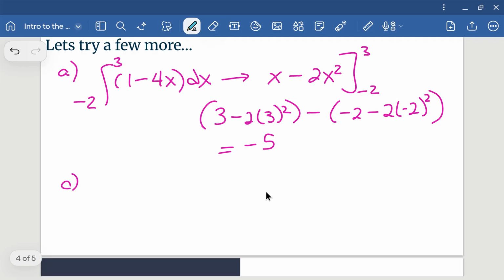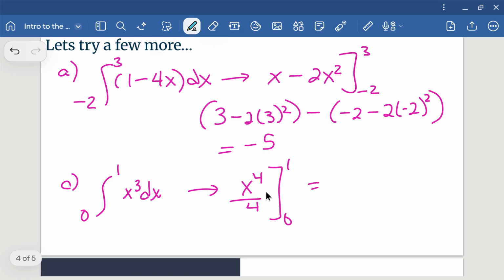These are from your Intro to Calculus textbook, page 500. This one goes from 0 to 1 of x cubed dx. Taking that antiderivative, you would have x to the power of 4 divided by 4, again going from 0 to 1.